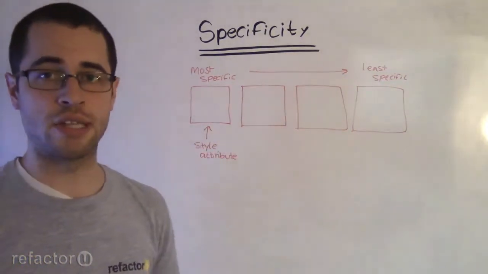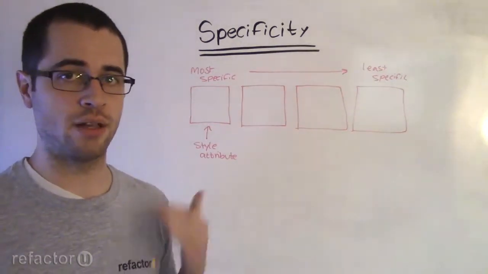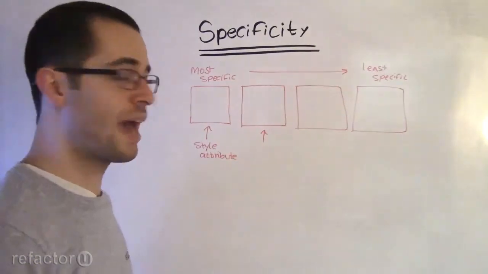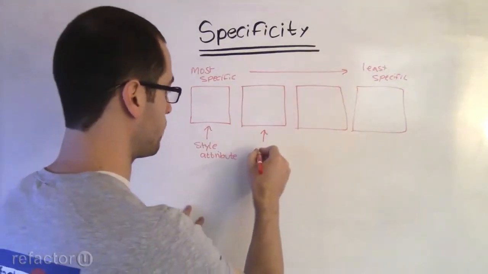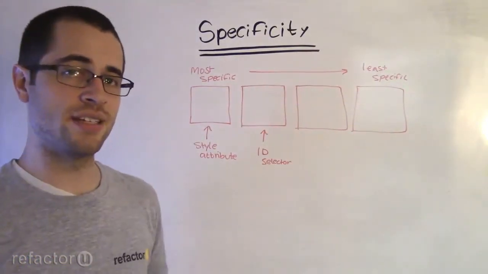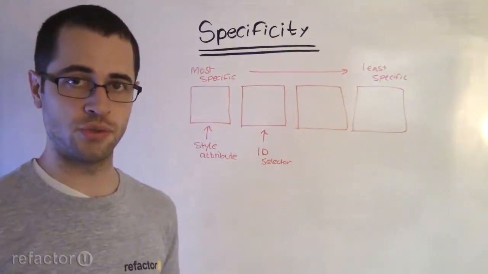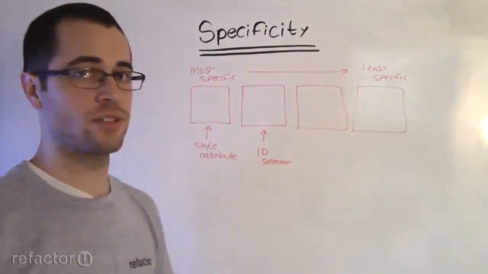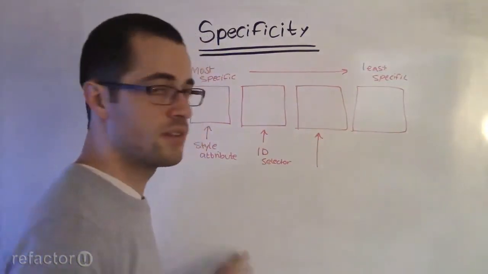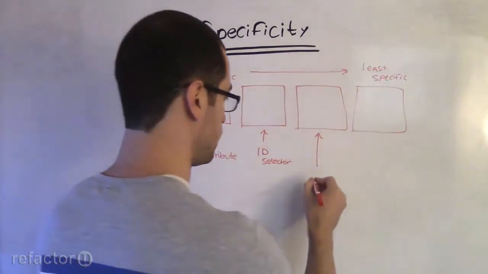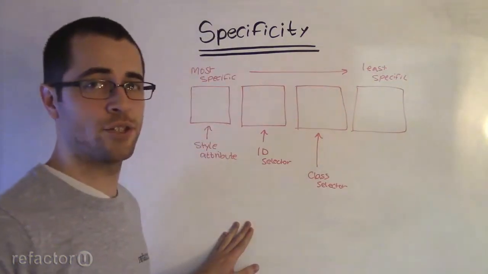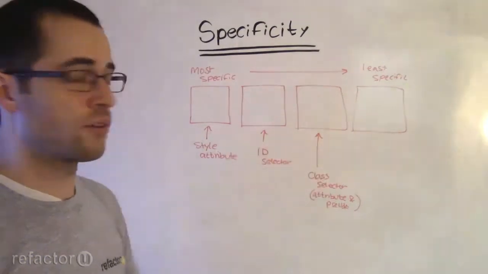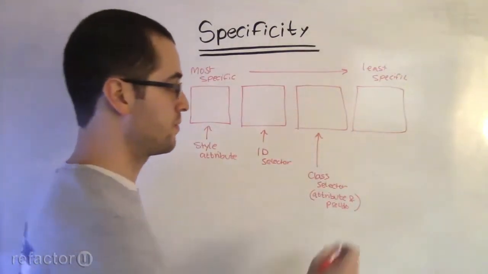This is an inline style, something we define in the HTML on our element. Next, we have the ID selector. So if our element has an ID and we select by ID using our CSS rule set, this will take over the next level of precedence. Next, we have the class selector. This also includes attributes and pseudo selectors. And finally, our least specific one are the elements.